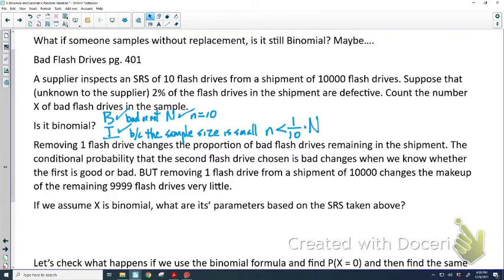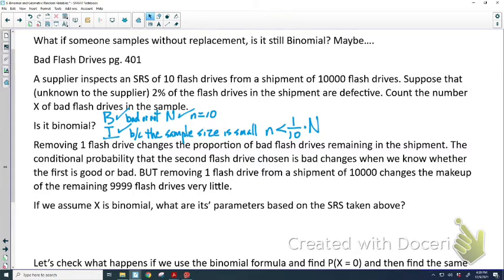So 10 is much smaller than 10,000 flash drives. Now, that's a nice rule of thumb that we use in stats to justify independence. And since it's such a tiny sample, we have no effect.